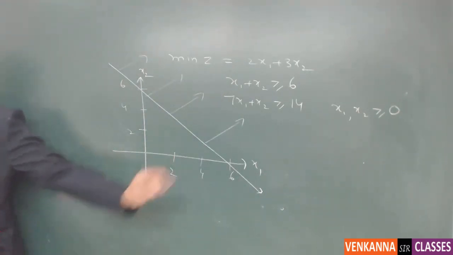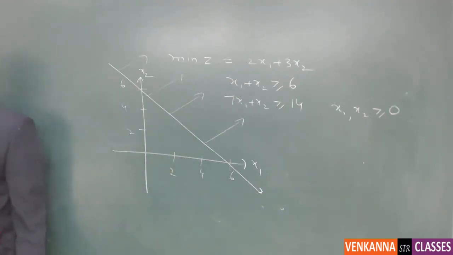Now give me the coordinates for the second line equation, 7x1 plus 7x2 is greater than or equal to 14. Yes, 2, 0 and 0, 14.